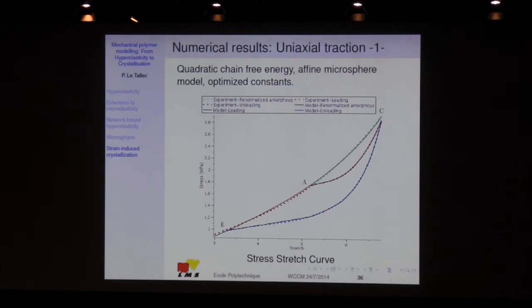And this is a comparison on a uniaxial traction between experiment and the model. You can see that this would be the elastic law. So this is the loading, and this is the unloading, with only two constants, and with a very, very poor chain energy in fact.